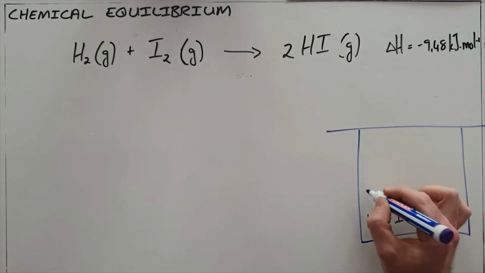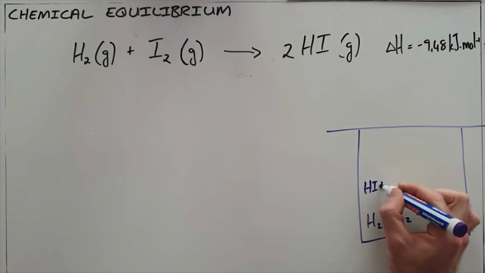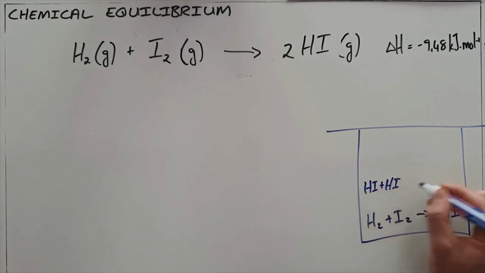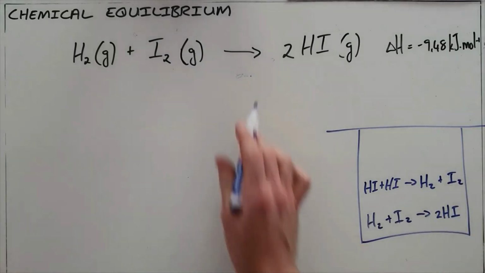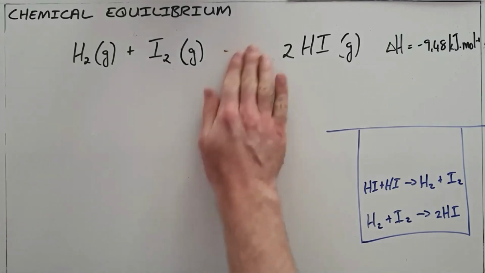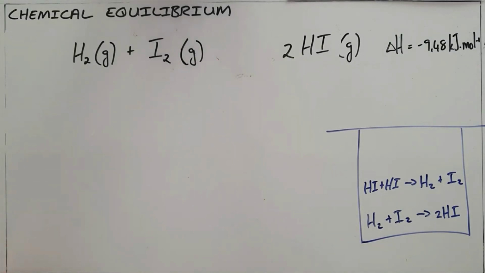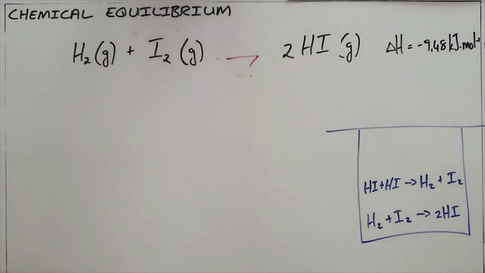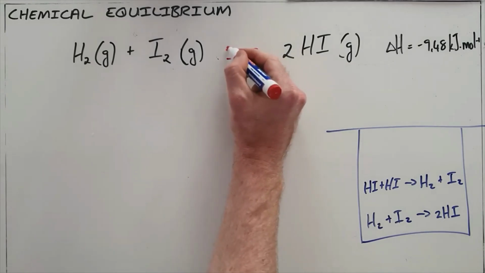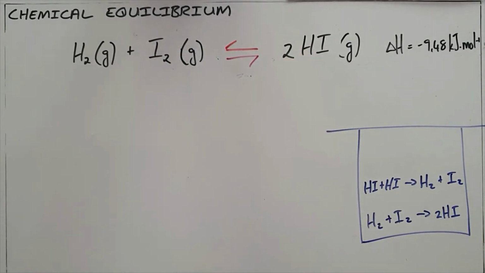What that basically means is that 2 hydrogen iodide molecules can react with each other to break apart and form our original reactants once again. Reactions like this we say are reversible because the forward reaction in which reactants are converted into products is able to be reversed, where those products are converted into reactants once again.